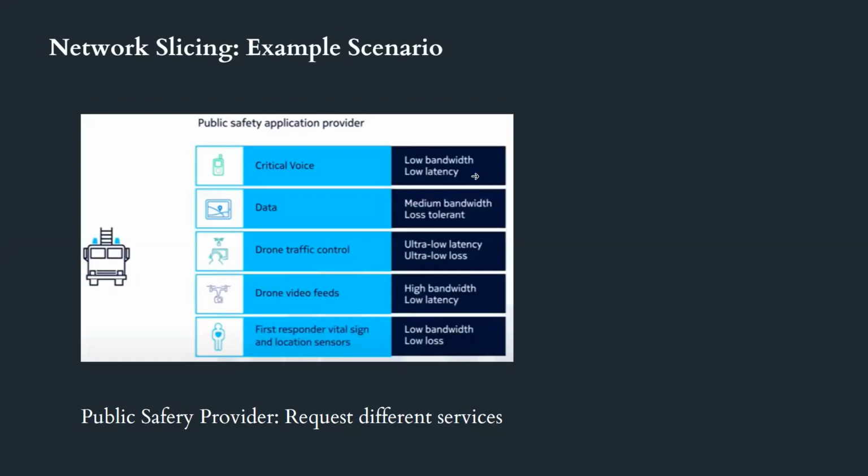It actually doesn't need a lot of data. The critical voice will contain only the important data, or a small segment of data, that needs to be communicated. So the requirement is low bandwidth at that moment.